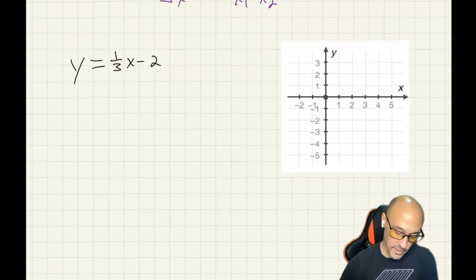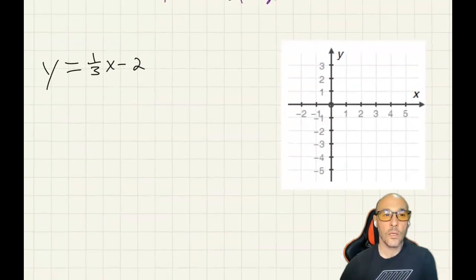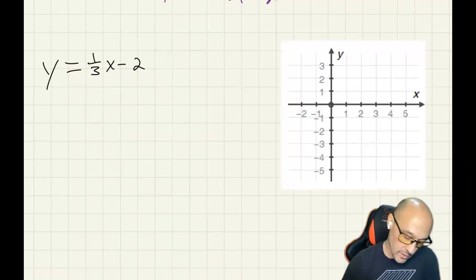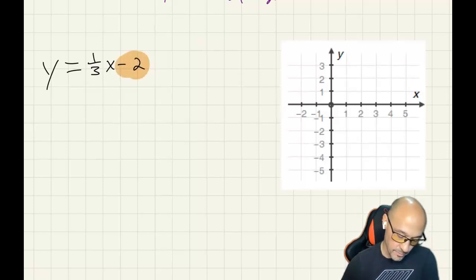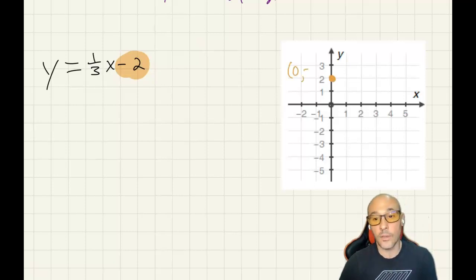So we can look at a specific example here. We have y equals 1/3 x minus 2. And so we're going to start off with that y-intercept, (0, -2), and that is going to be right here. Oh, I did +2.